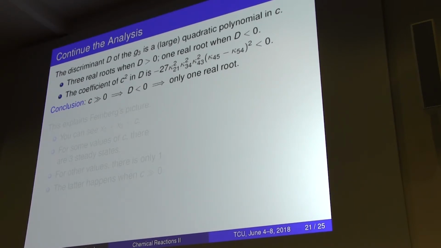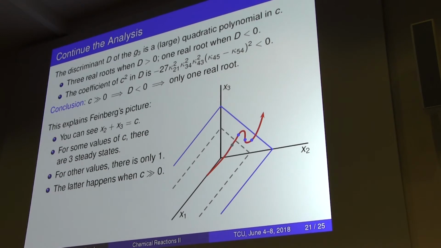So this is using symbolic computation to say that once I make a large compatibility class, I only have one real root. And this is an algebraic way of explaining Feinberg's picture, because the x2 plus x3 really is where this plane intersects the non-negative orthant.